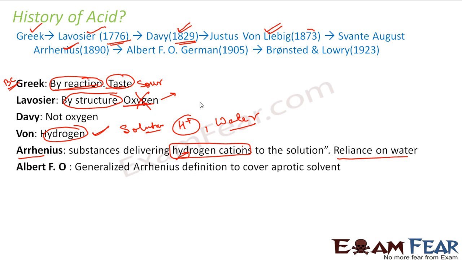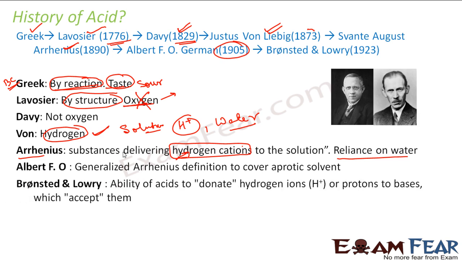But this guy, Albert Effort, in 1905, found that he can still find acid which doesn't have a water solution, right? There's no water required. So he generalized this definition, that's all he did, so we can just ignore this part, not a great thing. Then this guy came, Lowry, in 1923.